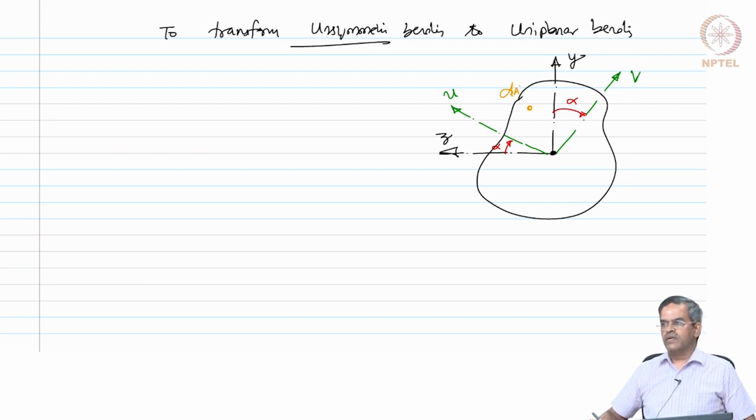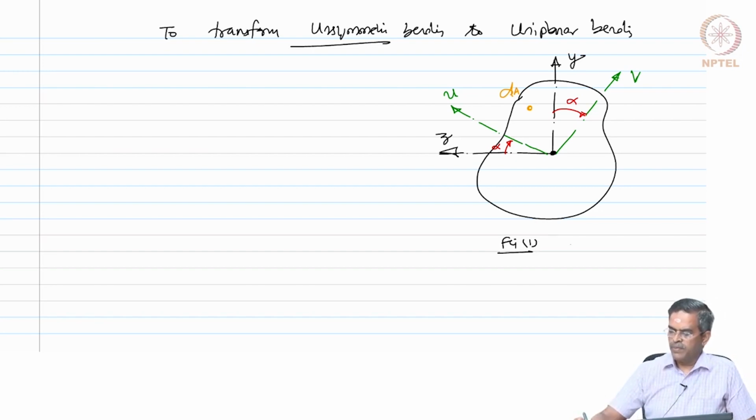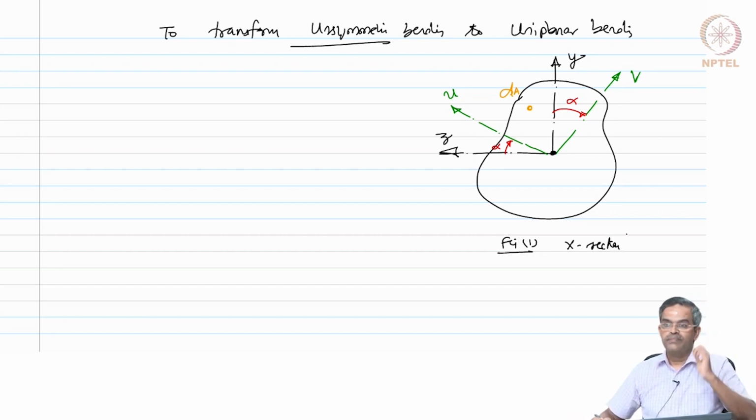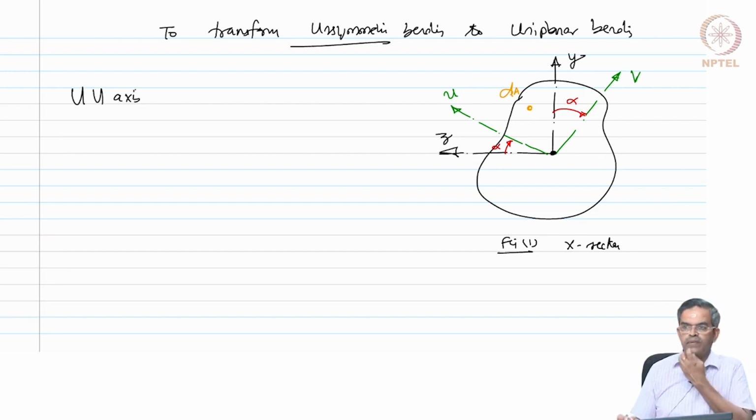It has specific coordinates u and v or x y depending upon our choice of coordinates. Okay, let us refer to this as figure 1, a typical cross section of a member. One can very well see here that the UU axis is inclined alpha to the ZZ axis.